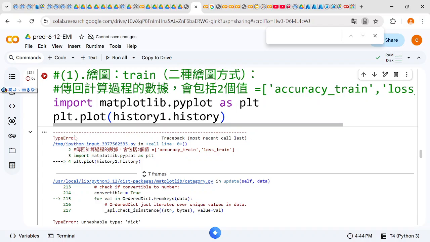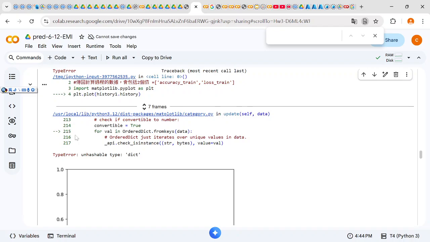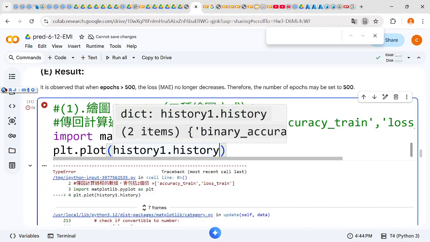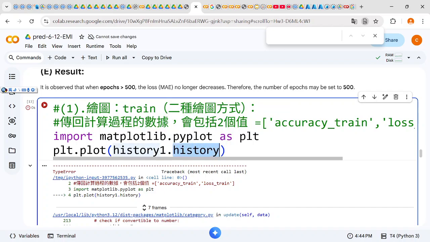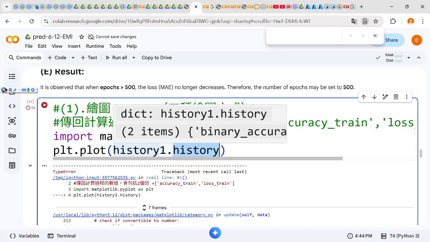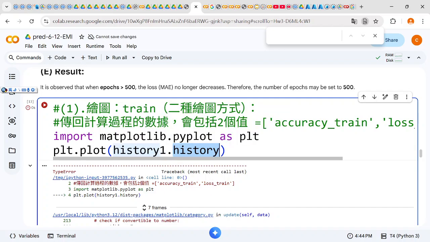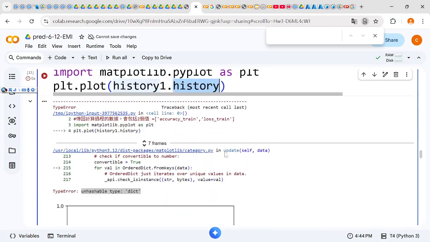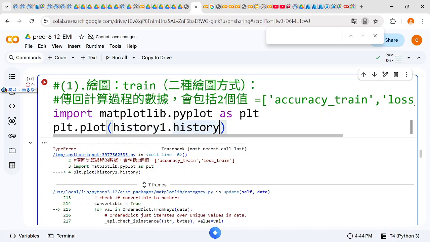Okay, we have something wrong, right? Since you have this dictionary, if you want to draw the plot, you should assign which dictionary you want to make a plot from.